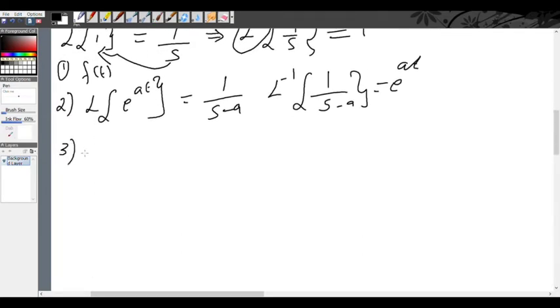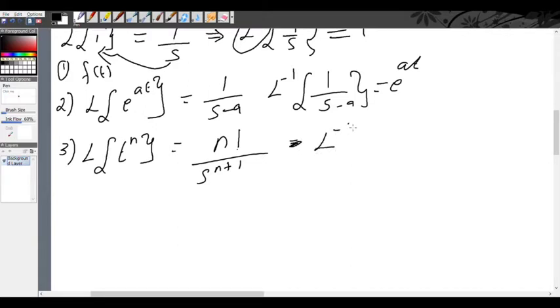The third important formula is the Laplace transform of t power n, which is n factorial divided by s power n plus 1. When we apply the inverse Laplace transform for 1 by s power n, there is a difference between this and this, so keep it in mind: this is s power n, there is no plus 1 here.